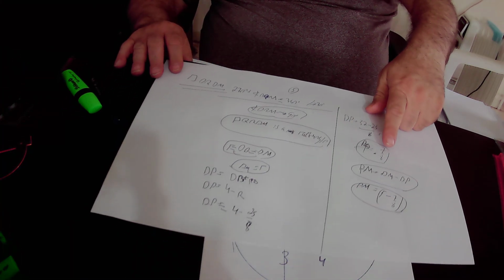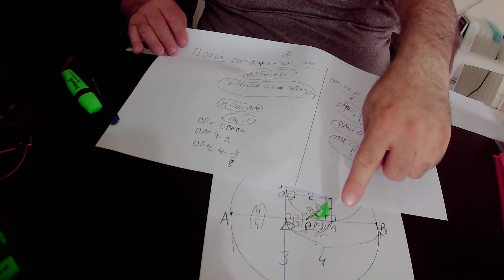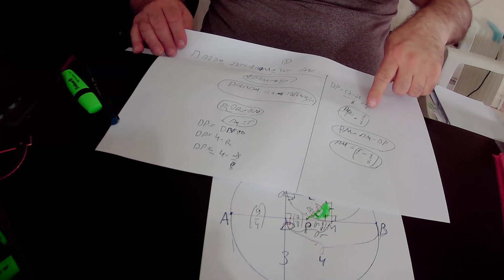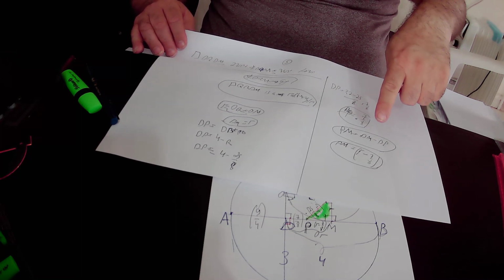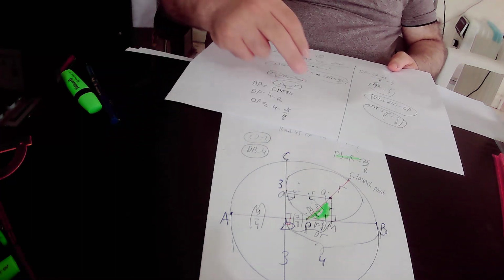DM equals small r, as we already found out, while DP we just found equals 7 eighths. So in conclusion, PM equals small r minus 7 eighths. Okay?